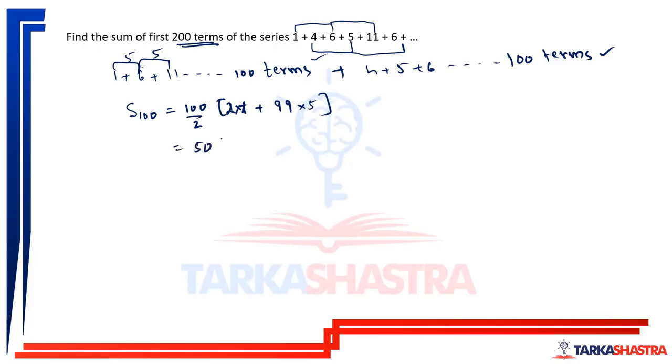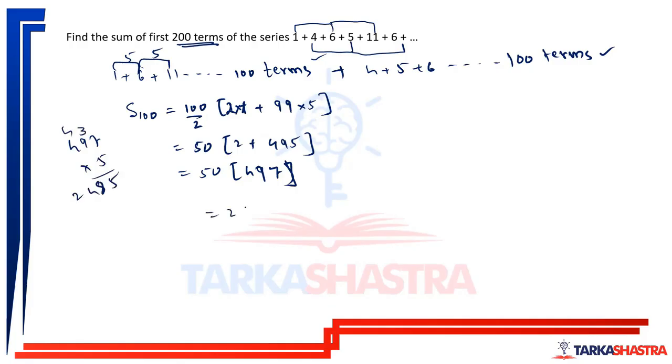So this becomes 50 into 2 plus 99 into 5 is 495, which is 50 into 497. So 497 into 5 we do: 5, 3, 45, 48, 4, 20, 24. So this is 2485.